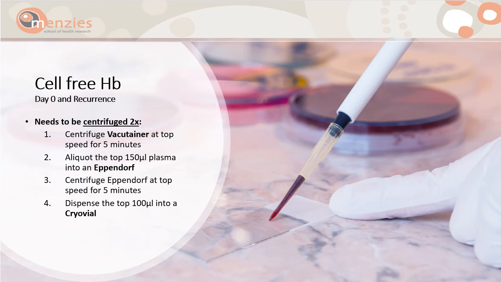Aliquot the top 150 microliter of plasma into an Eppendorf tube, and then spin or centrifuge the Eppendorf at top speed for 5 minutes, and then dispense the top 100 microliters into a cryovial and store.